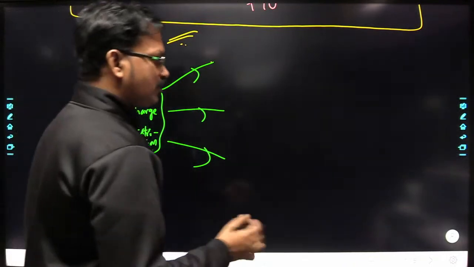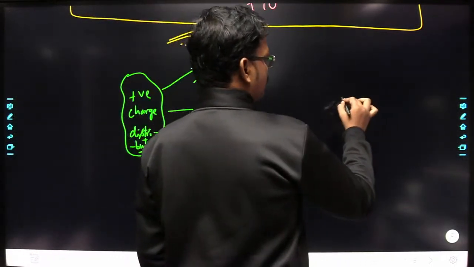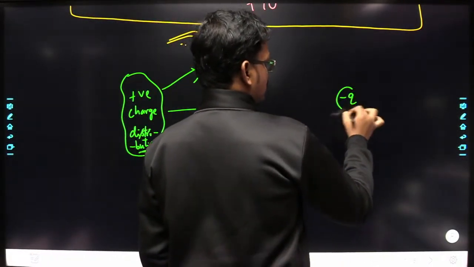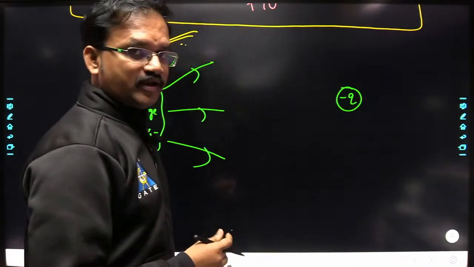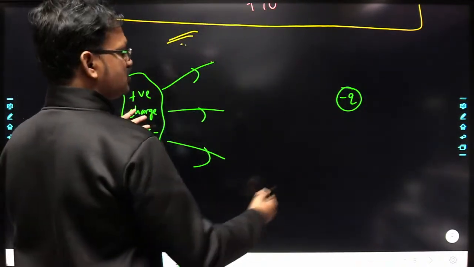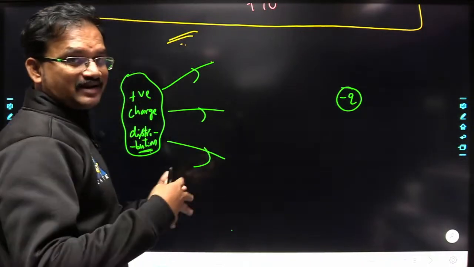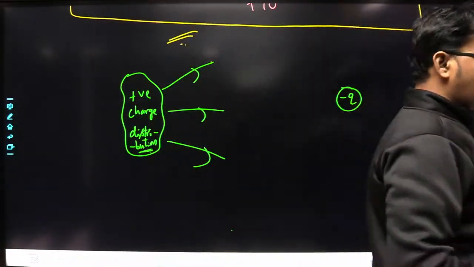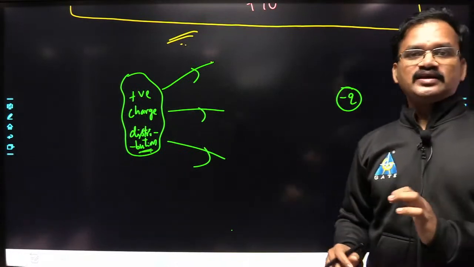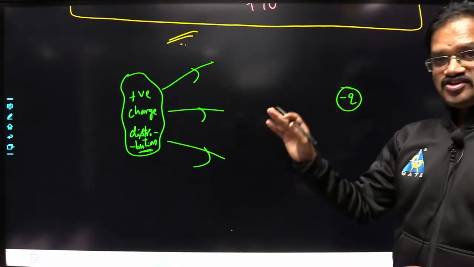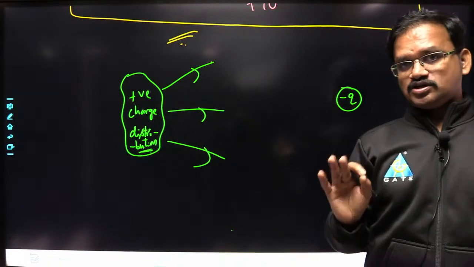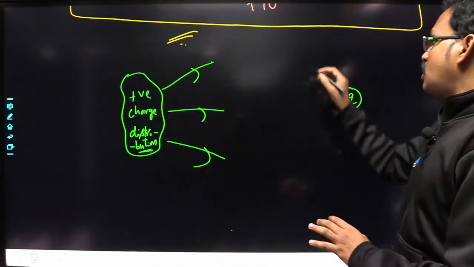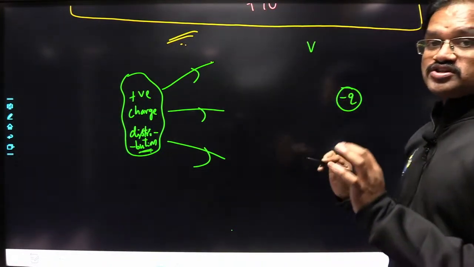Understood? Now you are asking, if you try to bring a negative charge, then the force between this one and this one is going to be an attractive force, yes or no? Whenever you are bringing the charge by an external agent, in that process you always have to maintain constant velocity.